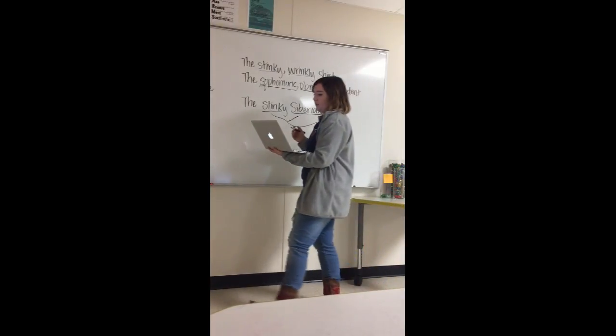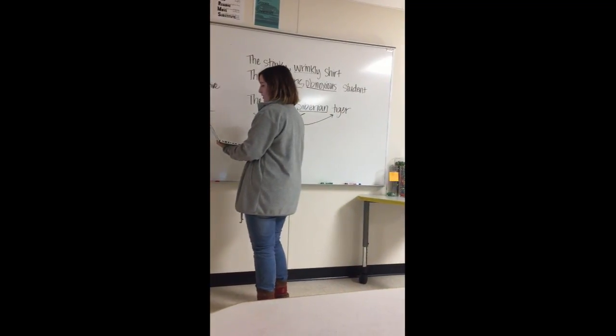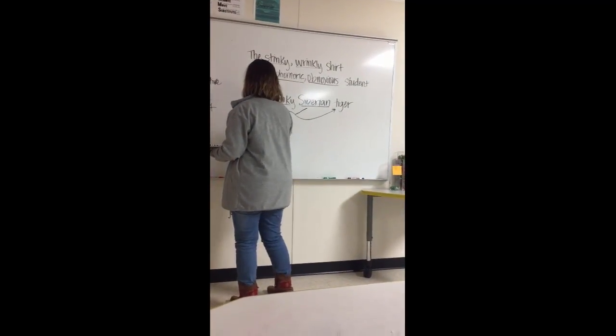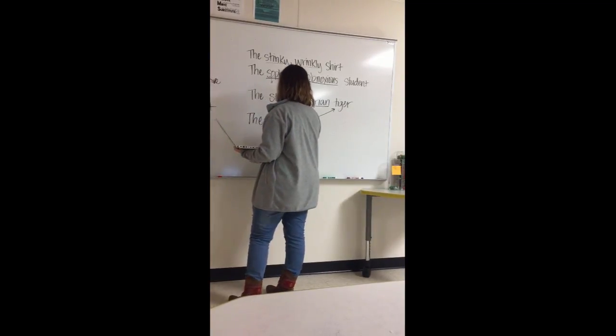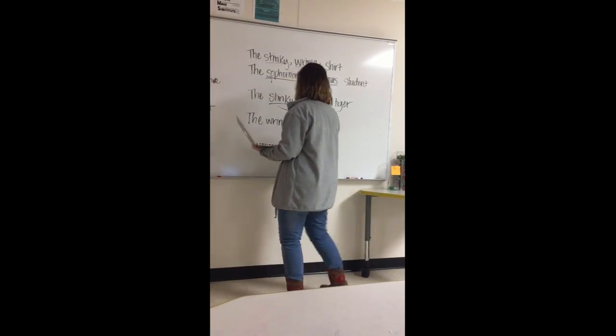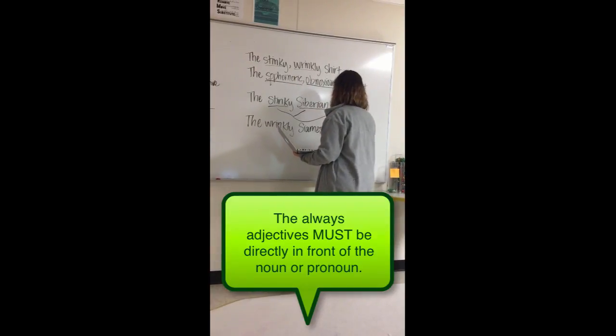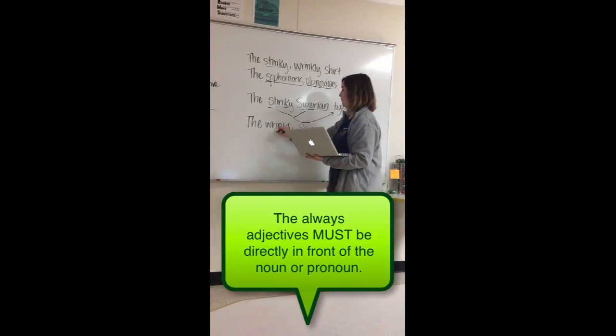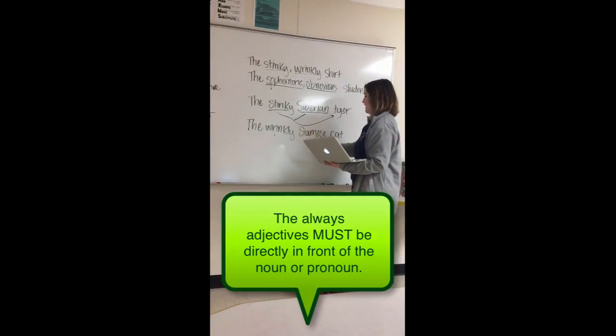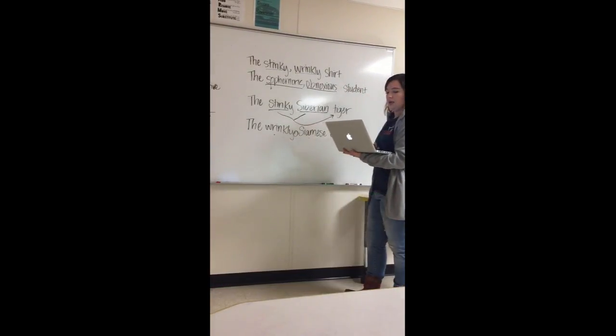So another example would be the wrinkly Siamese cat. You have a temporary adjective and an always adjective, so you don't need a comma right there, okay?